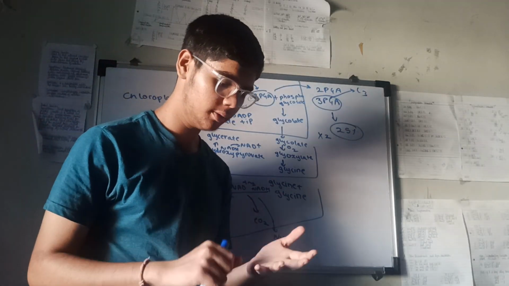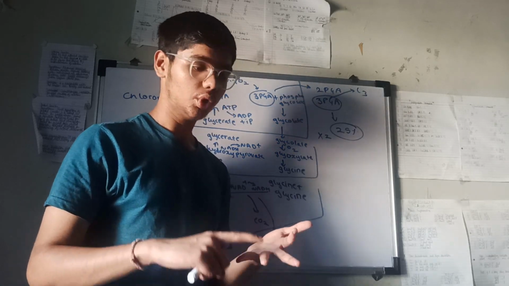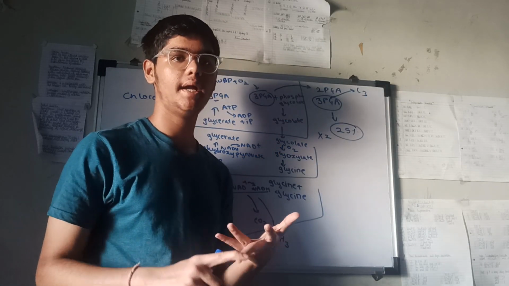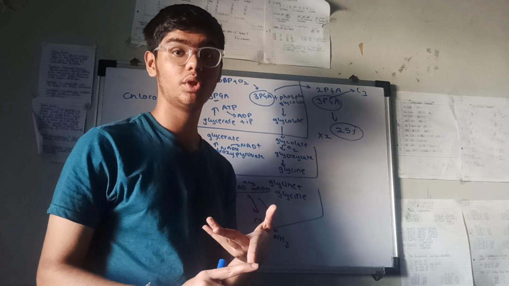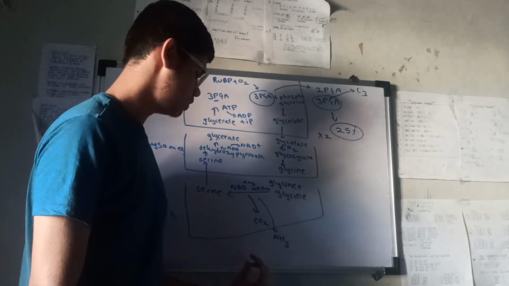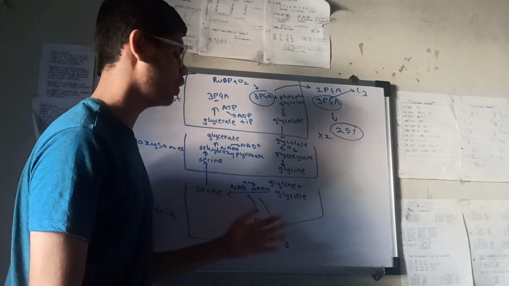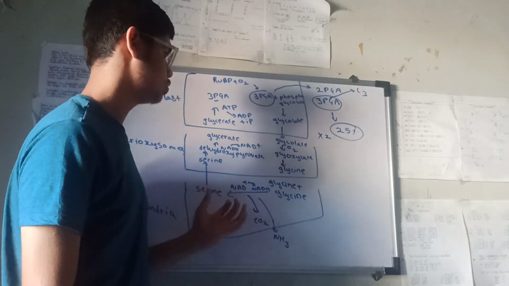This takes place when the oxygen is high, the carbon dioxide is low, there is high temperature, and we can call it a stress condition when the water is low. This is photorespiration. All these things are not in the NCERT, but for you to understand in detail, this is all taken.